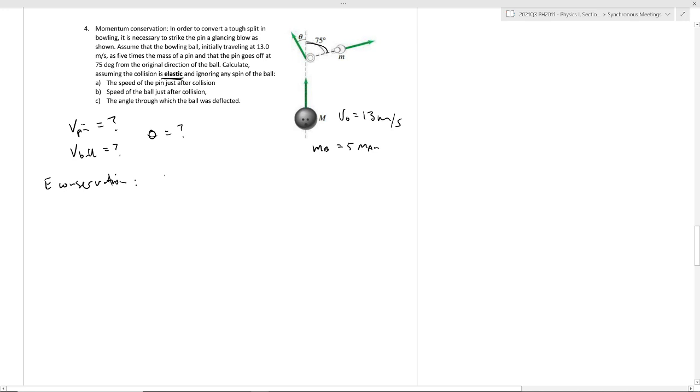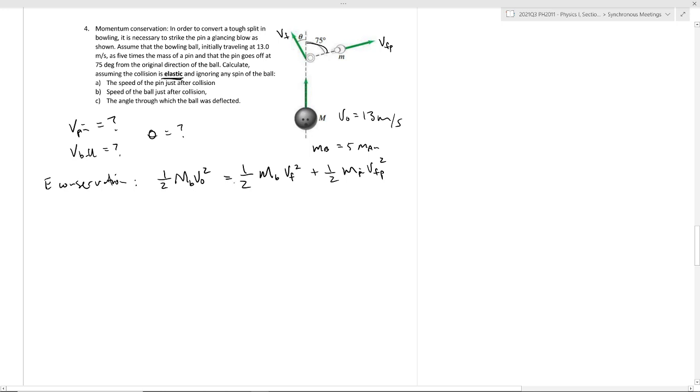We know that the initial kinetic energy, so 1/2, let me write this as capital M, v naught squared, is going to equal 1/2, or maybe I'll put a B here, mass of the ball times its, I'll call it v final squared, plus 1/2 little m, mass of the pin, times v final pin squared. So this is one equation.